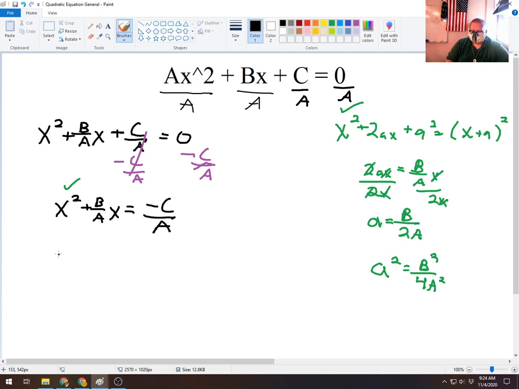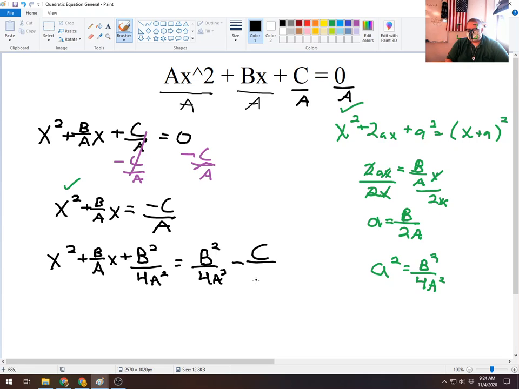So now it looks like this: x squared plus b over a times x plus, there's my new term, b squared over 4a squared, equals, remember we have to add this to both sides. I'm going to change the order a little bit, but it doesn't matter because I'm just adding. So this is going to be b squared over 4a squared minus c over a.